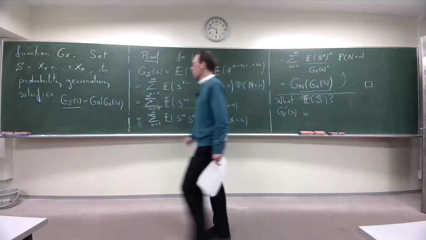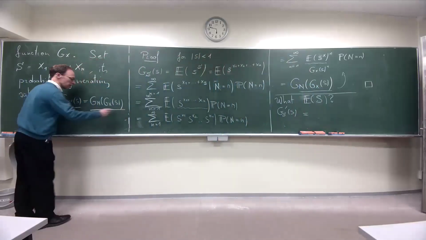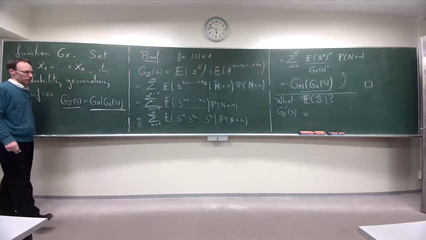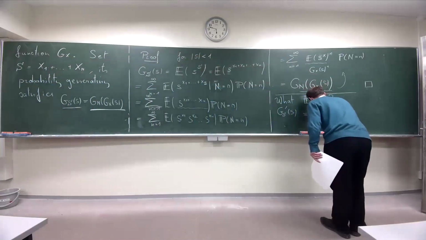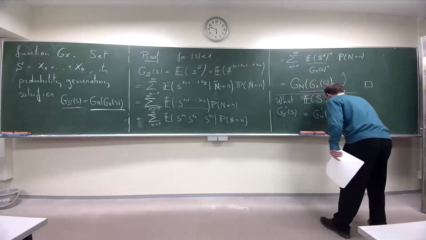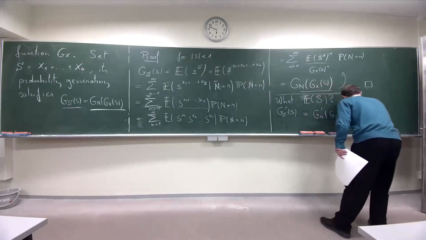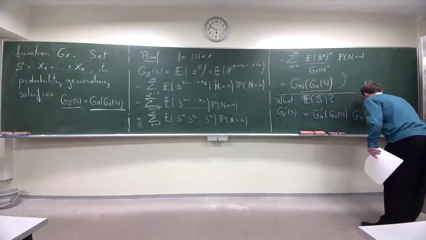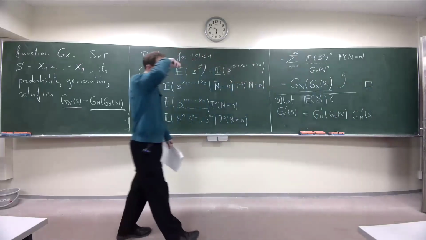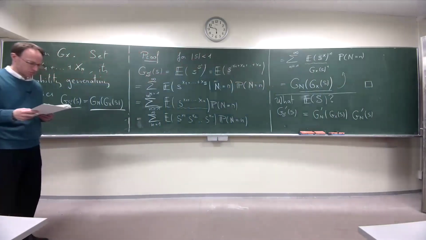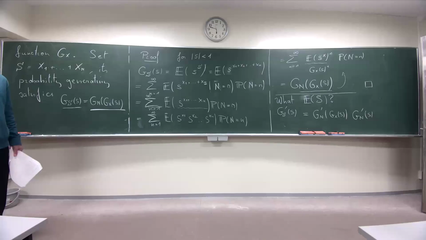It's a composition of two functions. That needs the derivative of a composition. So the derivative of a composition is the derivative of the first one evaluated at the second one, times the derivative of the second one. Okay. And now, if I want to compute the expectation, I need to take the limit when s goes to 1.